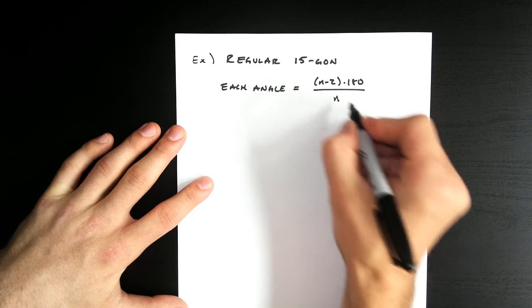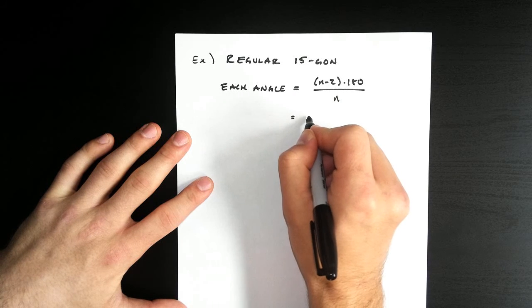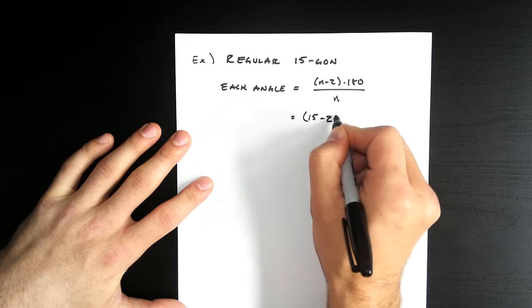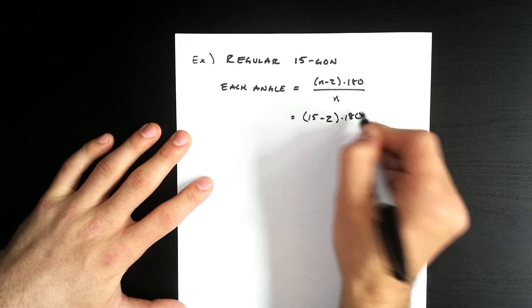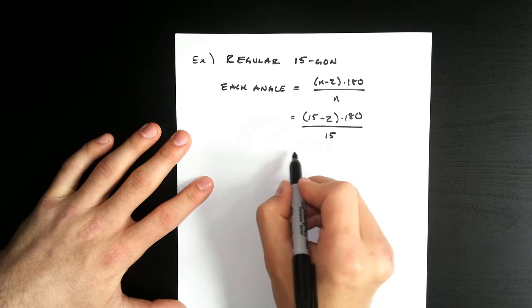We'll divide that sum by the number of angles we have. So we have 15 minus 2 times 180, and then we'll divide that by 15 again.